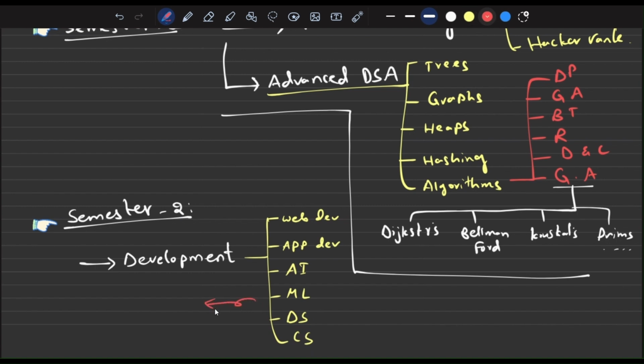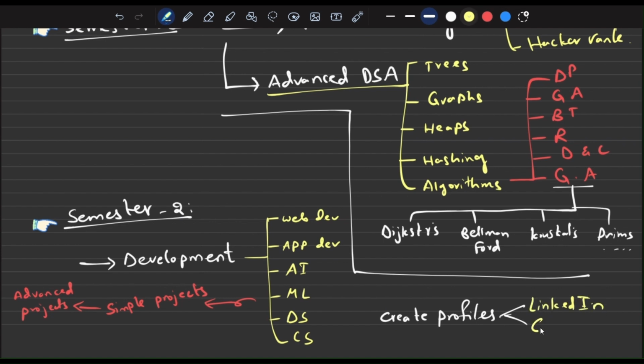After learning them, try to build simple projects and then move to advanced projects. Also, this is the right time to create profiles on LinkedIn and GitHub. LinkedIn is to showcase your skills, GitHub is to store the code of your projects.